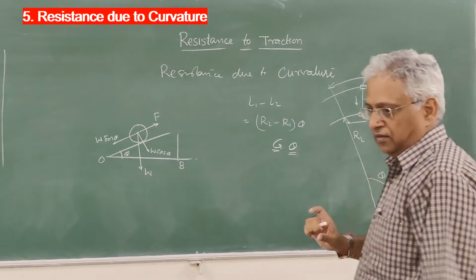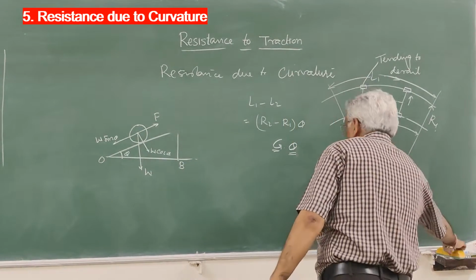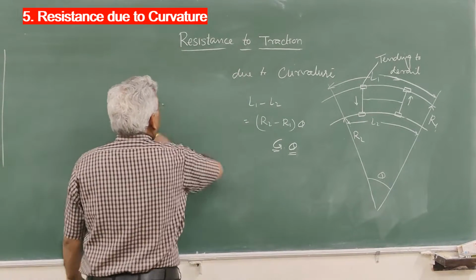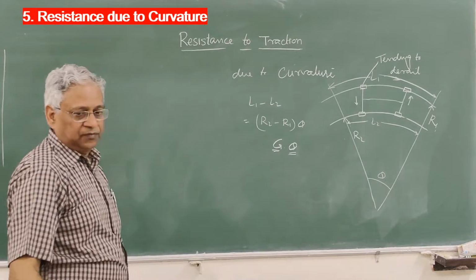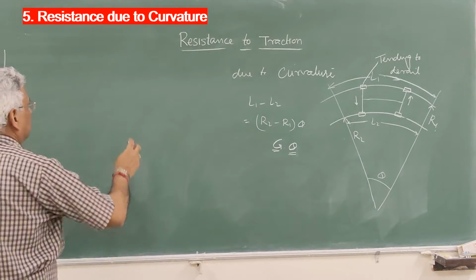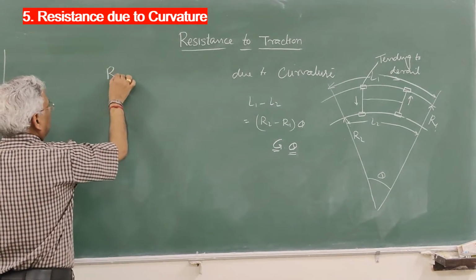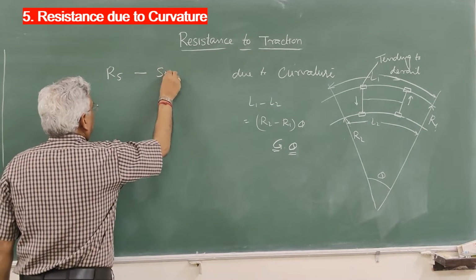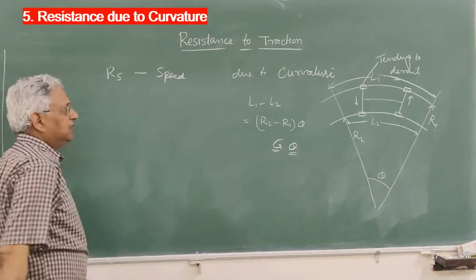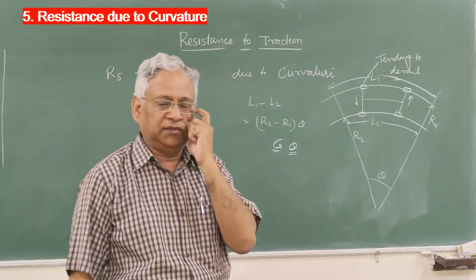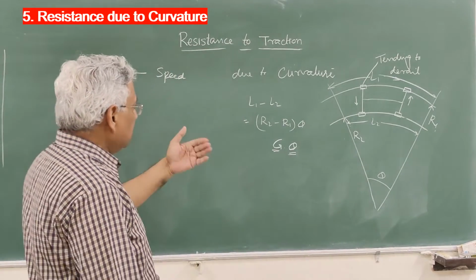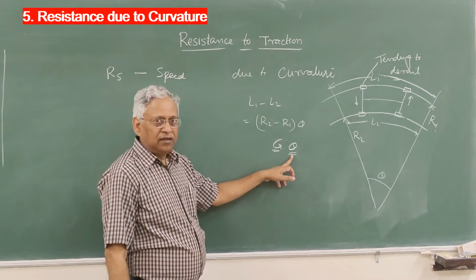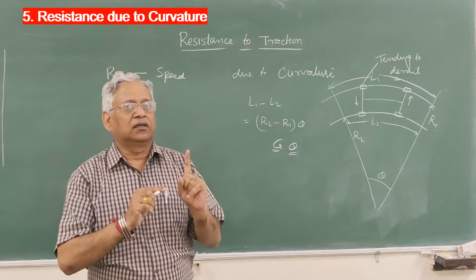Certain observations based on experience are like this, that this resistance due to curvature depends upon the speed. R5 depends upon the speed of the movement. It is different at high speed and low speed. It depends upon the central angle theta, but it does not depend upon the radius of the curve.